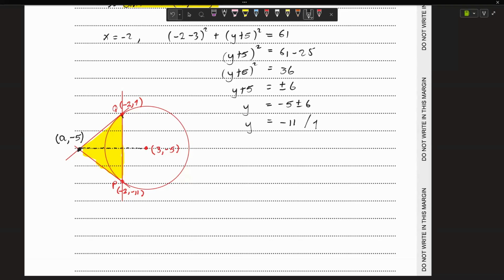If I draw a line that goes from Q, or from P, but let me use Q, to the center, we know that this is going to be a right angle.